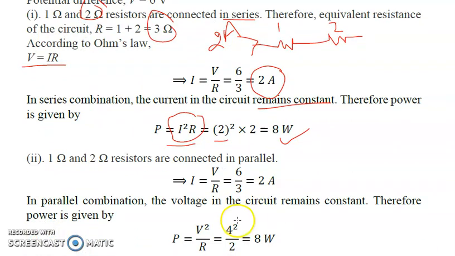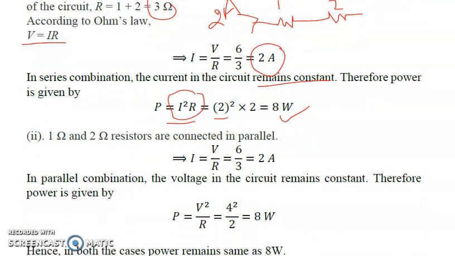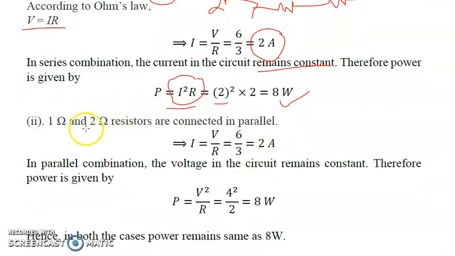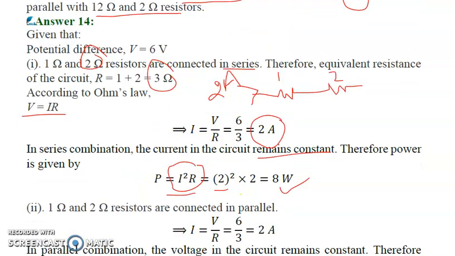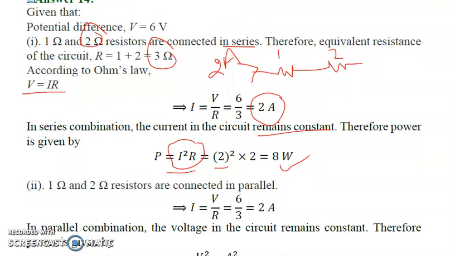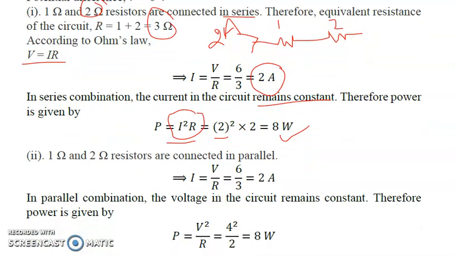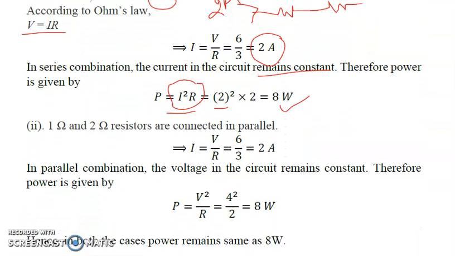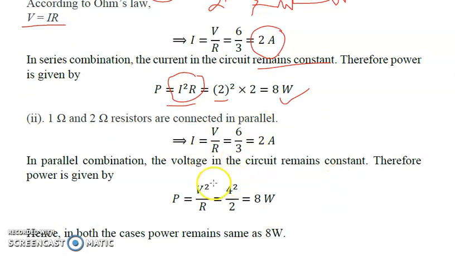Okay. Now when these two are connected in parallel, the 1 and 2 ohm resistances are in parallel. I is equal to V by R again. The major difference between series and parallel is that in a parallel combination the voltage remains the same. The voltage given here is 4, and it will not change.